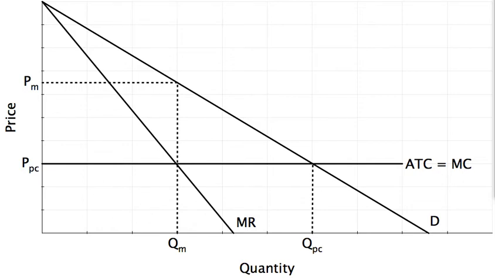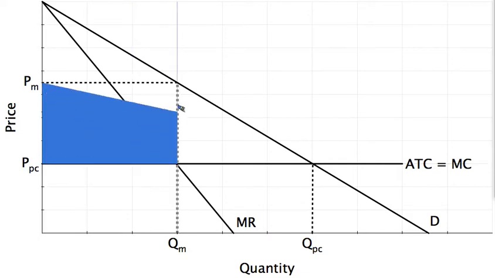So the profits for a monopolist that charges one price at one output level is equal to this area here. So this blue area here is the profits of the monopolist.